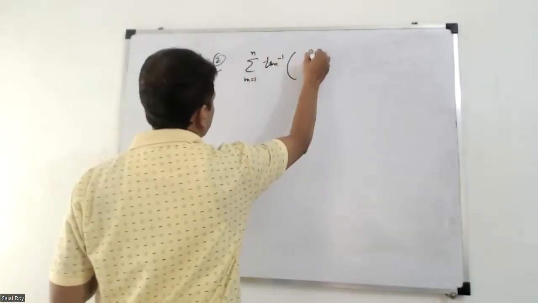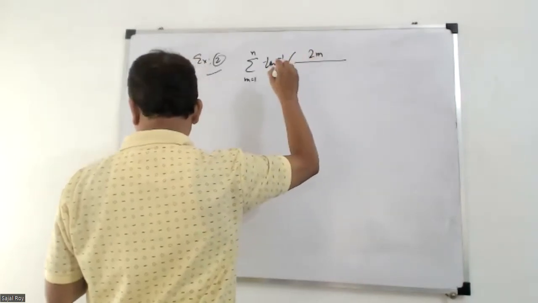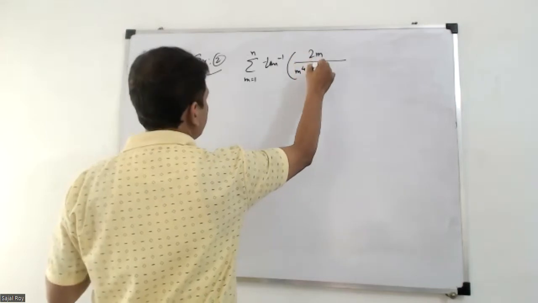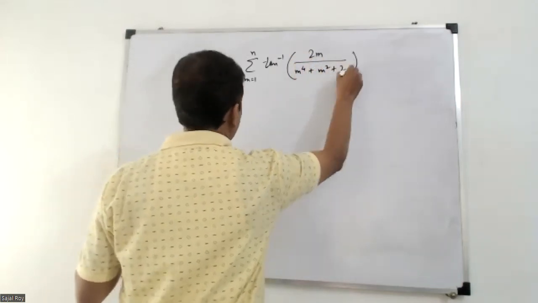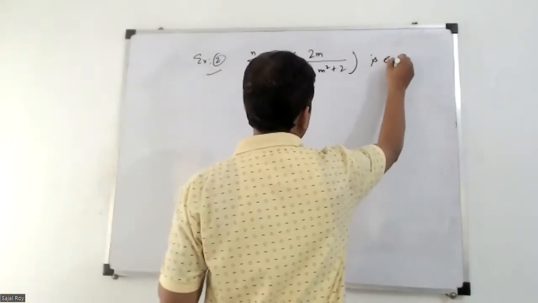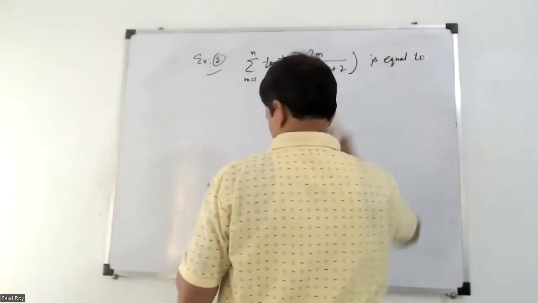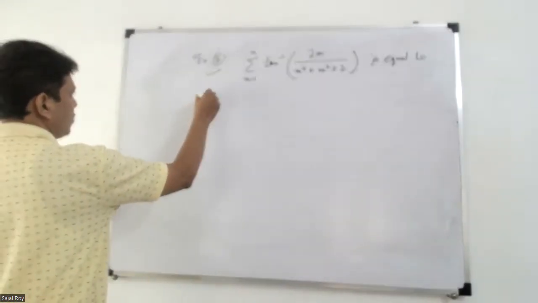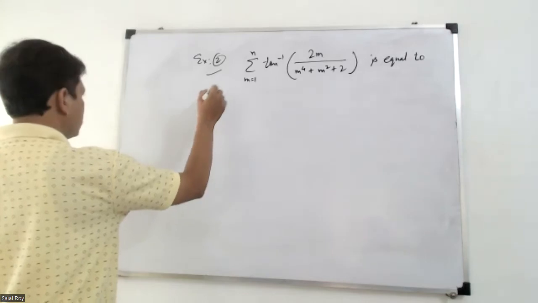Tan inverse 2m by n to the power 4 plus n square plus 2 is equal to, you have a lot of options.